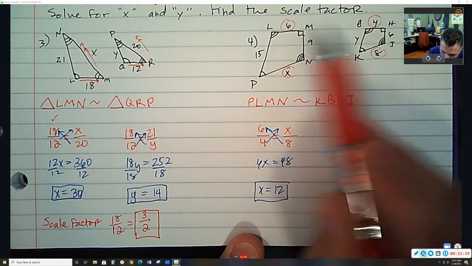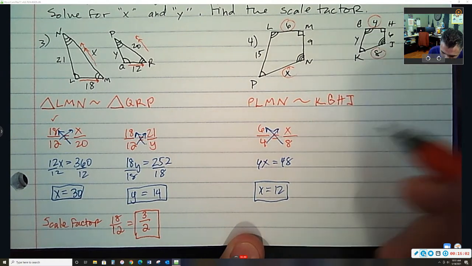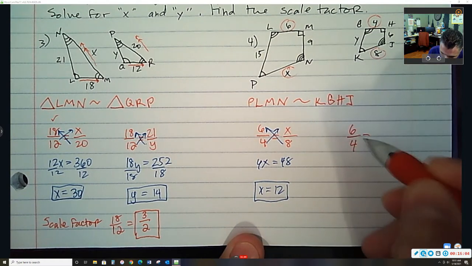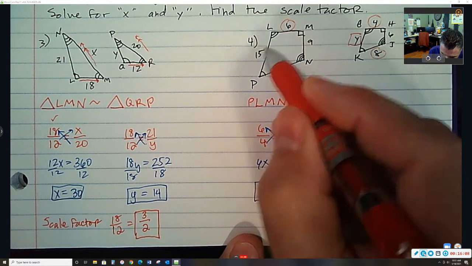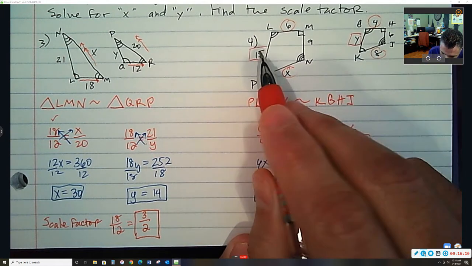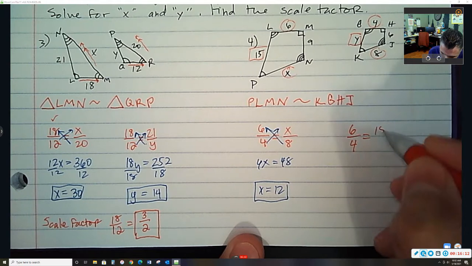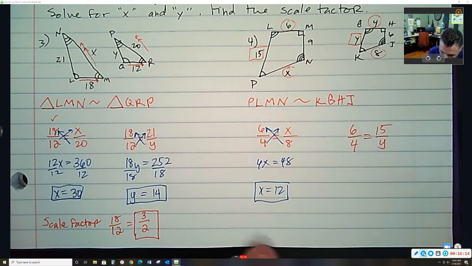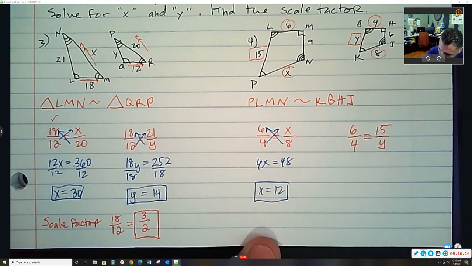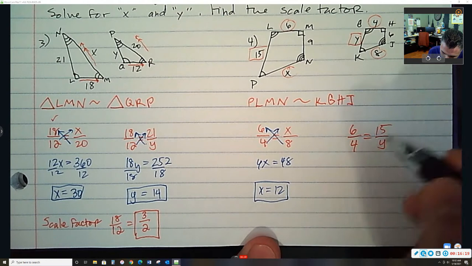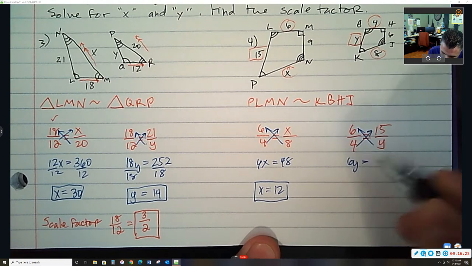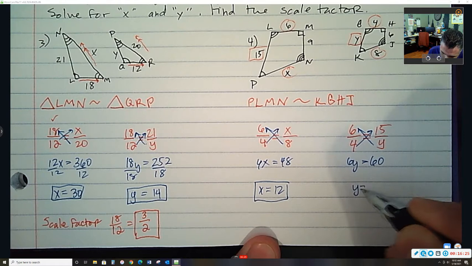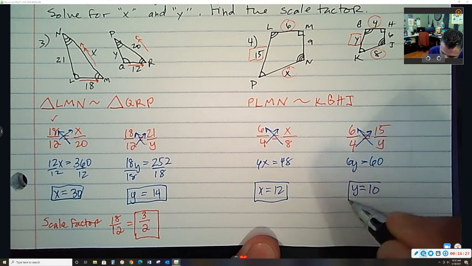Again, use side lengths you know, 6 over 4. And then to solve for y, where's y? Y matches up with this side length, left over right, and then multiply, cross products to solve. 6 times y, 60, divide both sides by 6, and then you get y equals 10.